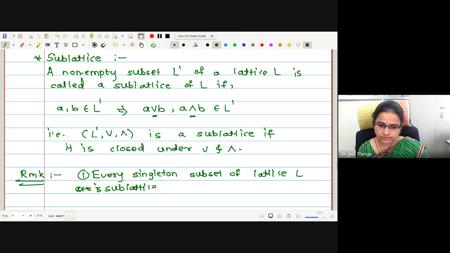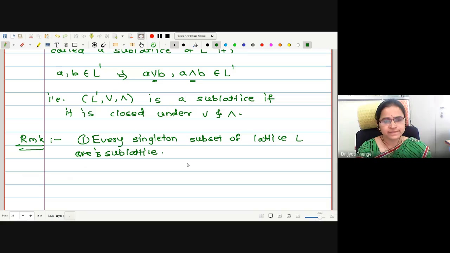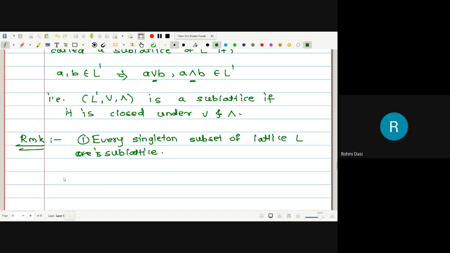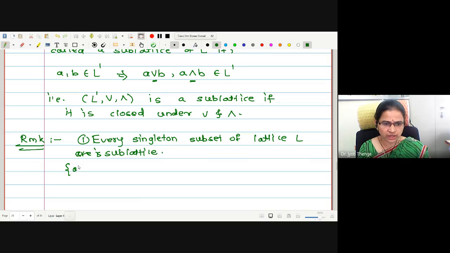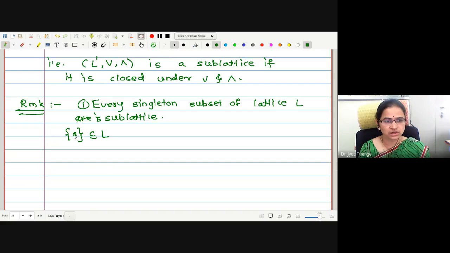Correct? Is there any doubt with this? See, suppose this is a singleton a, a subset of L. We want to check whether it is closed. Now we have only one element, therefore we have to check for the same element. a join a is a.